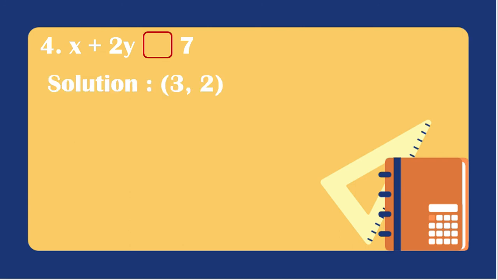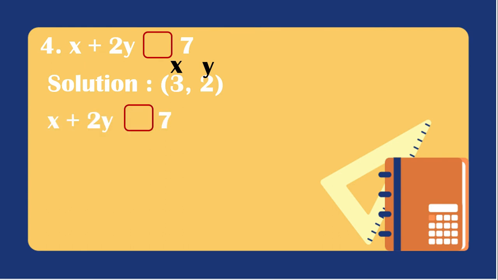This time, we will find the missing sign or symbol for the equation. So we have x plus 2y blank 7. So we need to identify the possible symbol. So we will have the given solution 3 and 2. So first we need to solve by substituting the values of x, which is 3, y, which is 2.